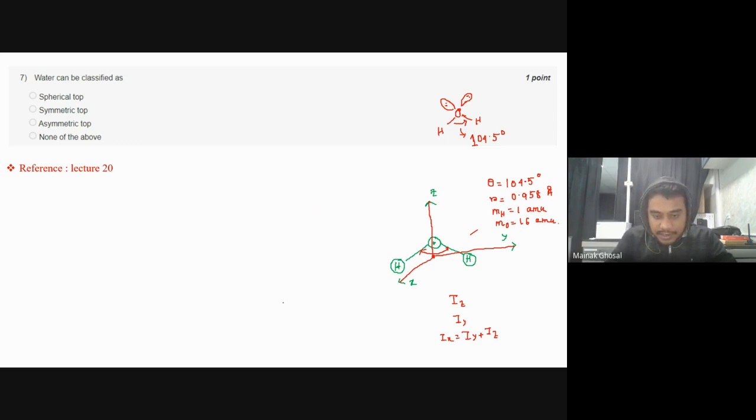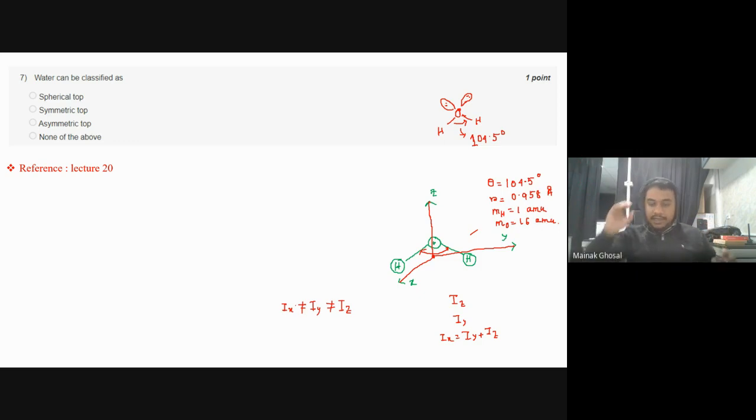that Ix is not equal to Iy, and also not equal to Iz. I don't have the values with me. So what you need to do is this: this was done by Professor Bakshi.